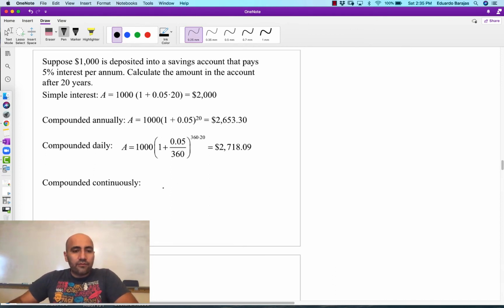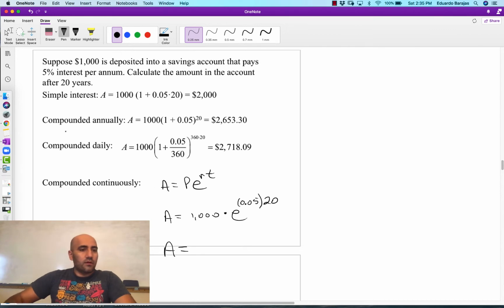So remember, our formula for compounded continuously is A equals P e to the RT. And so in this case, A equals 1,000, that's the P, times e to the power of R, which is 0.05, times T, which is 20. Okay, so we just get our calculator and we can turn that into a nice approximation.